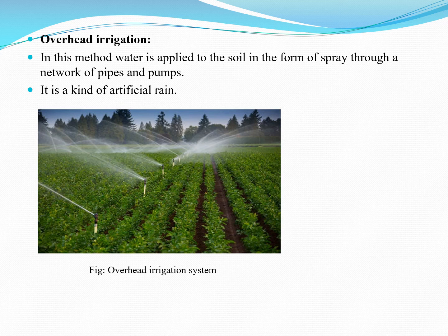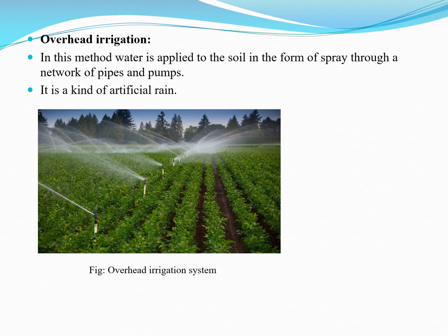The efficiency of this type of irrigation is more than 80% as there is a uniform distribution of water, and this method is suitable when the land topography is irregular, or where there is a steep gradient and the soil is easily erodible. See this figure of the overhead irrigation system.